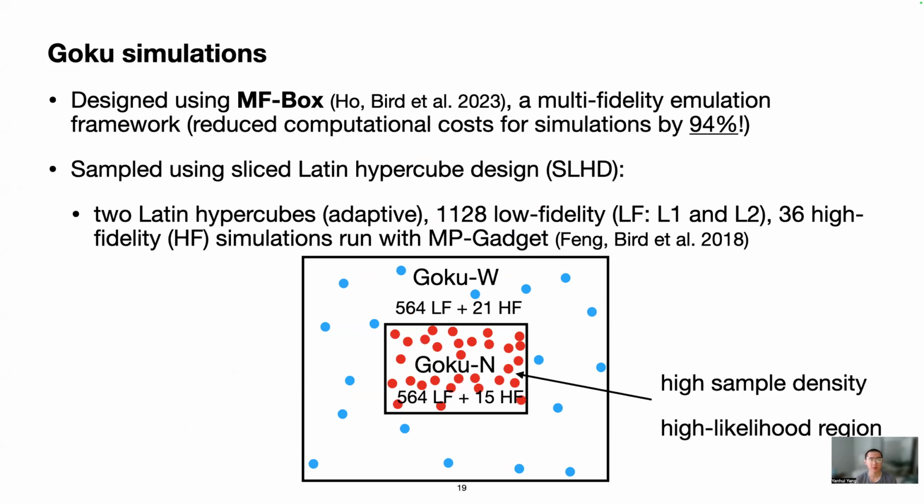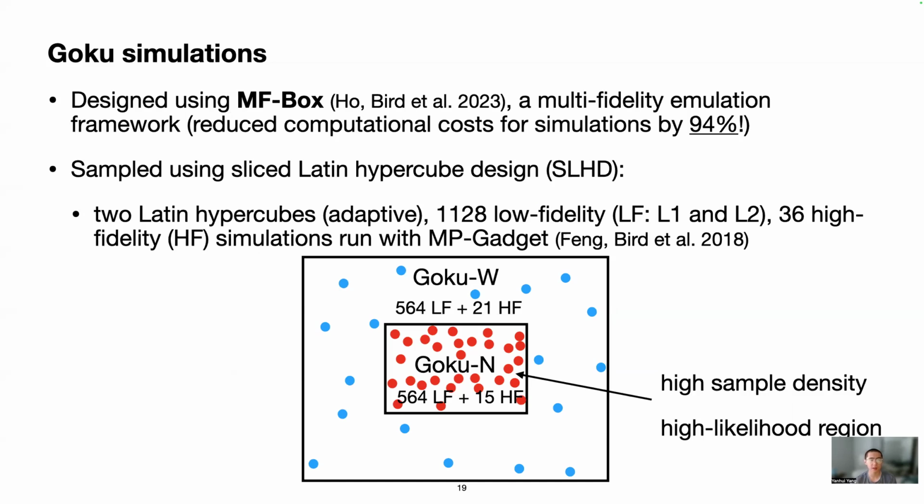Goku was designed using MFBox, a multifidelity emulation framework that reduced the computational cost for simulations by 94%. And we sampled the cosmologies using sliced Latin hypercube design.